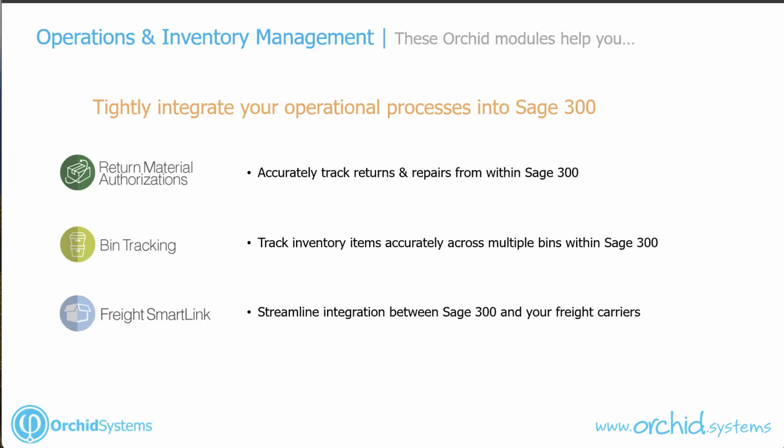Orchid's Return Material Authorizations module is the first third-party module for Sage 300 that we developed over 20 years ago and is part of our operations and inventory management suite of products.